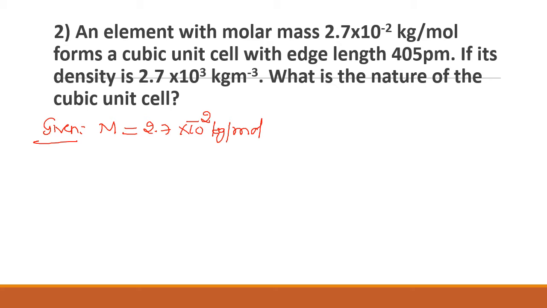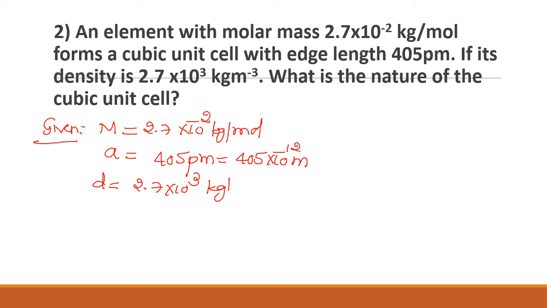Under cubic unit cell we have 3 types, right? Simple, BCC, FCC. They have not given it. Let it be. And edge length value is given. a is equal to 405 picometer. Pico in the sense 10 to the power minus 12 meter. Its density is equal to 2.7 into 10 to the power 3 kg per meter cube.